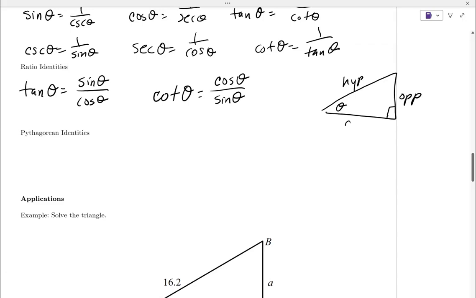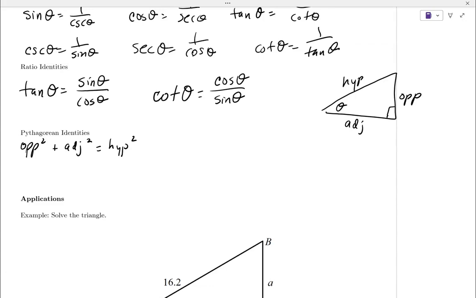Using our notation that we had before, I've got an angle here, opposite, adjacent, hypotenuse for my sides. Okay? Pythagorean theorem says opposite squared plus adjacent squared equals hypotenuse squared, right? Agreed?